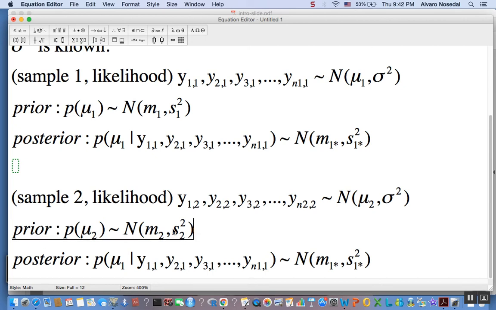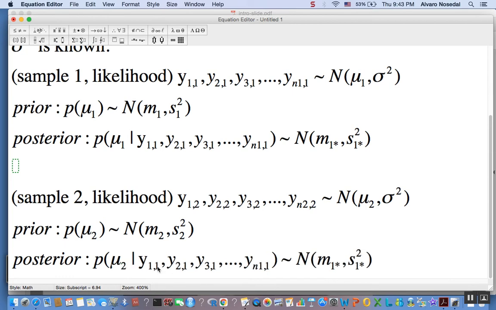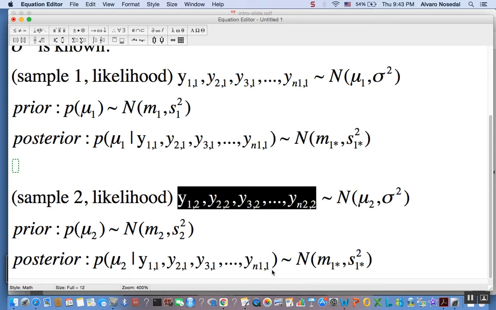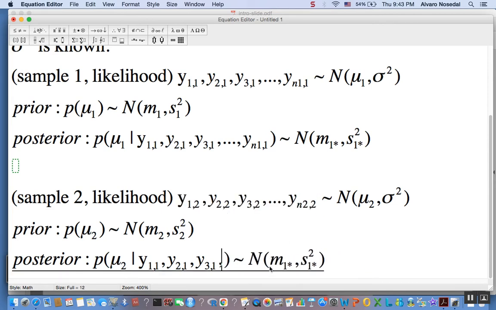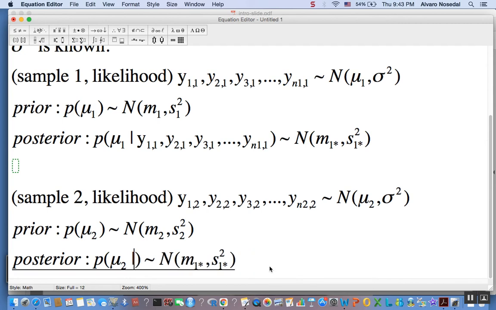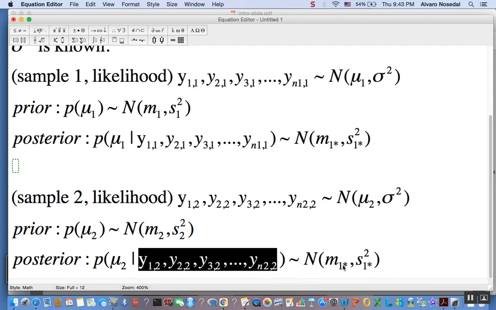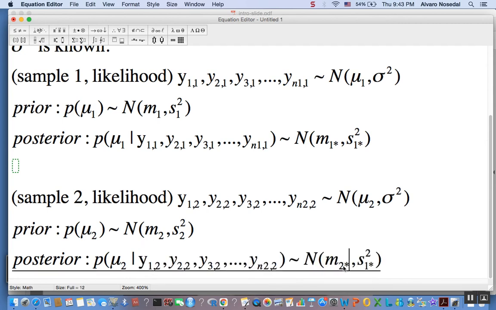Once we have our normal likelihood and our normal prior, we can obtain our posterior for the second parameter mu2. Using our updating rules, we could easily show that the posterior is going to be normal.